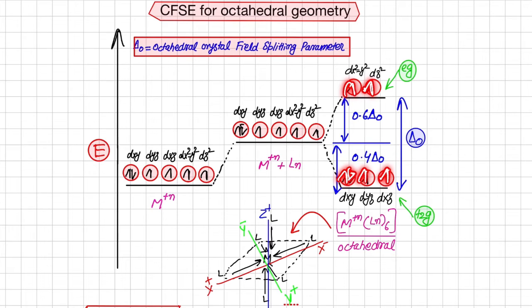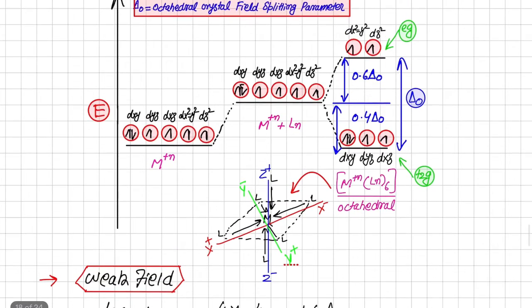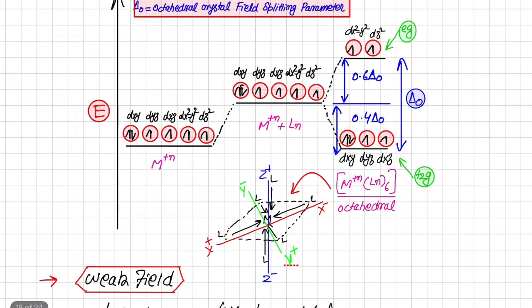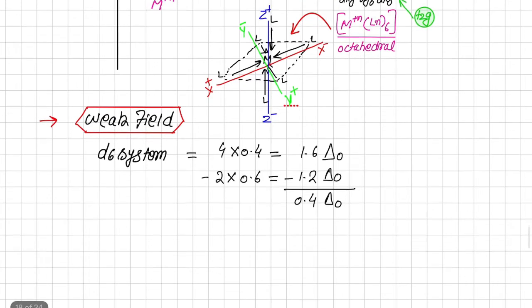So in the first scenario, the electrons are placed singly, and then the sixth electron will be placed in the lowest possible energy level in paired form by force, because now there is no possibility, so the sixth electron must be paired in some orbital with another electron of opposite spin. So first of all we will calculate the CFSE value for these orbitals and then these orbitals, then we will deduct this value from this value in order to get the net overall stability.